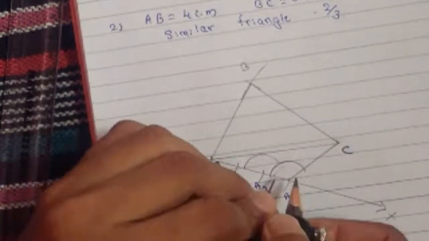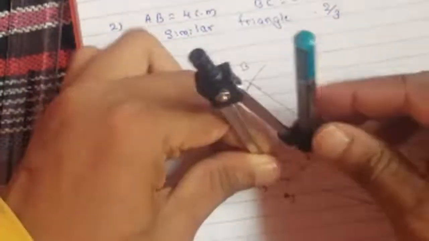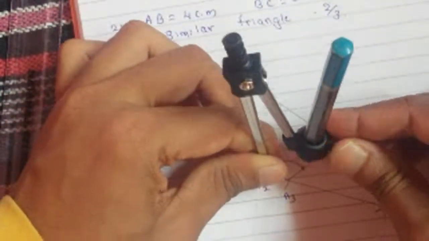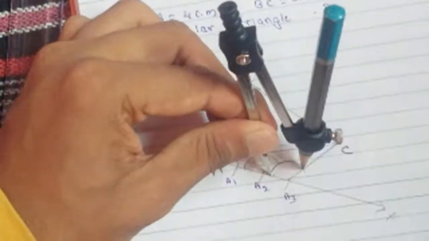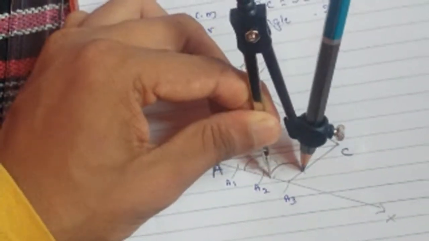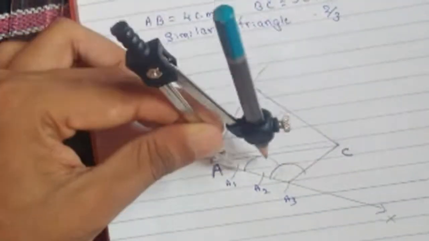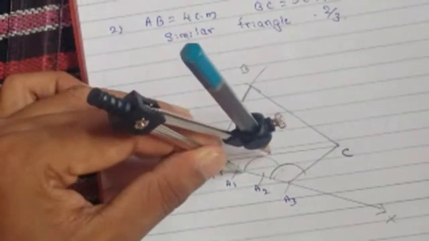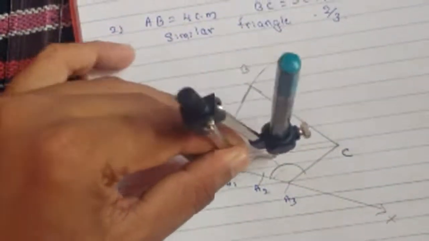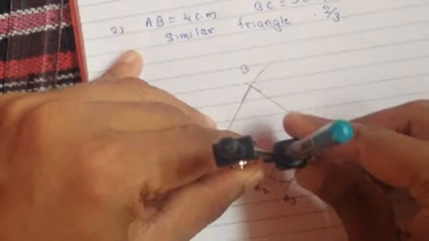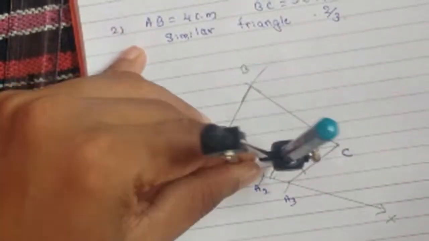Then from this point we have to measure this length. See here, this length. That length we have to take from this intersected point and cut this.